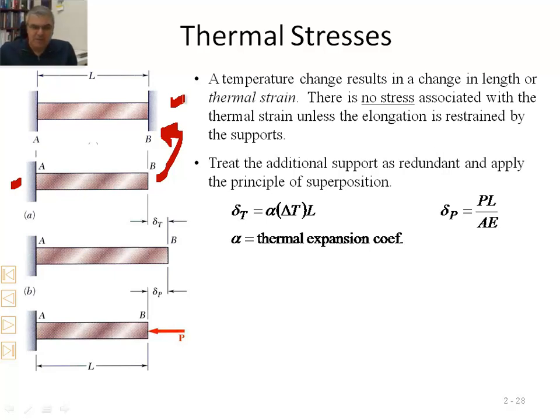The main reason for that is because we have 6 unknowns here, 3 at A, 3 at B. So we have 3 reactions of the supports at A and 3 reactions of the support at B. That puts us at 6 unknowns, and we only have 3 equations available. That gives us 3 extra unknowns, and we need to solve that. In that case, we call it indeterminate to the 3rd degree.